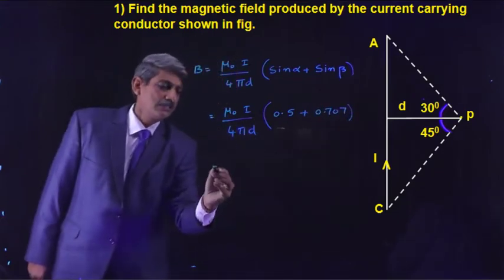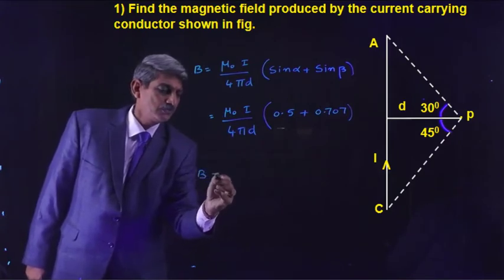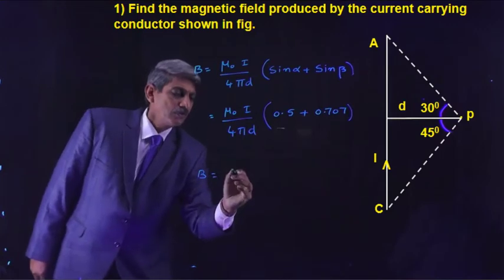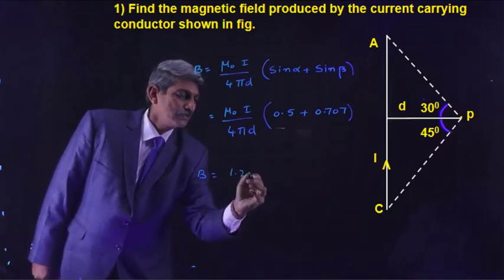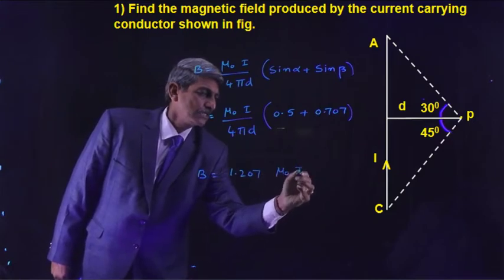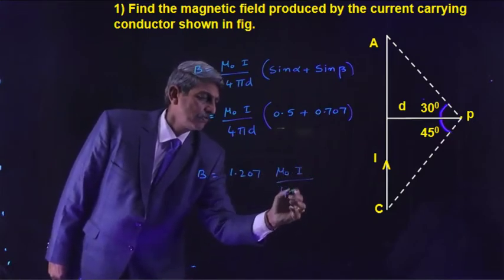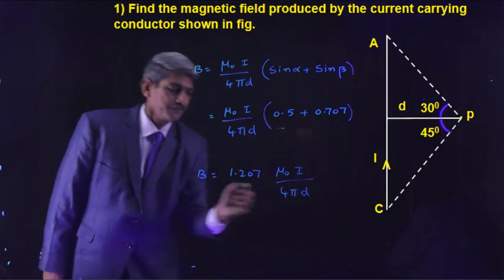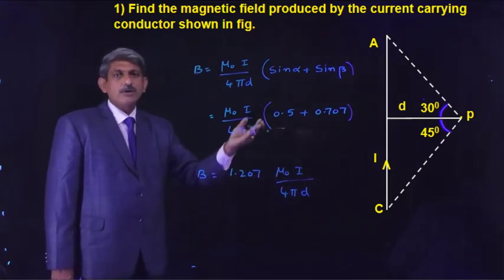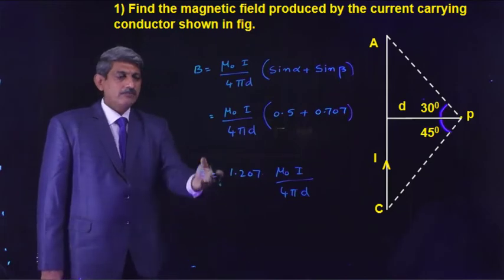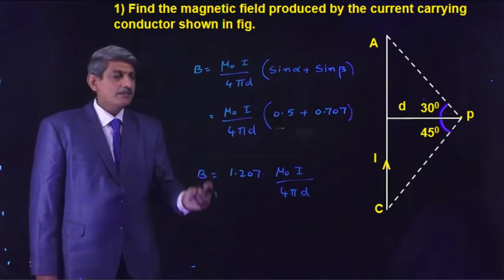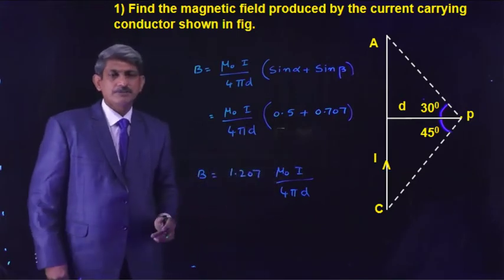So B is equal to 0.5 plus 0.707, that is 1.207 into mu naught I divided by 4 pi d. If I value and d value are given in the problem, then we can determine the magnetic induction value by substituting the I and d values in this equation.